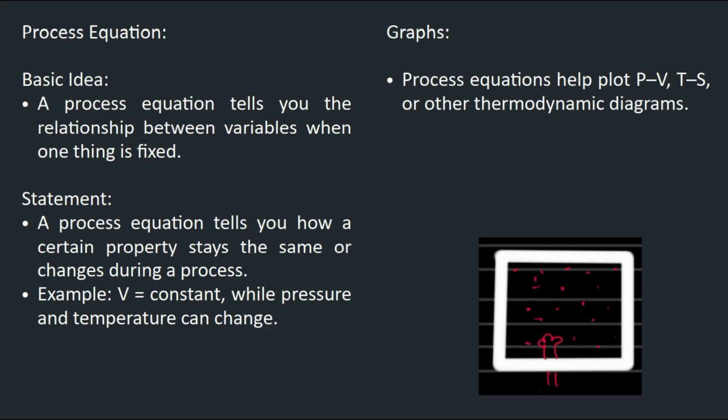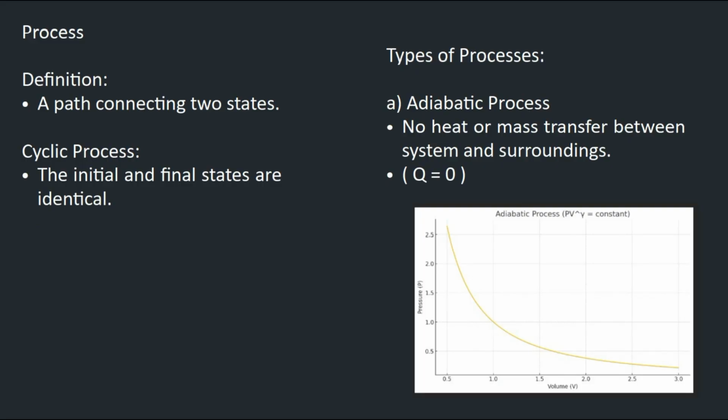The equation that describes that is your process equation. So process equation helps plot your pressure volume graphs that we saw. So similarly, there are other graphs that we'll be going through. So let me not dive in deep into that.